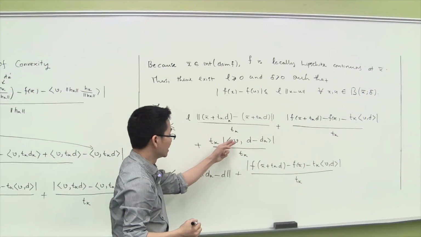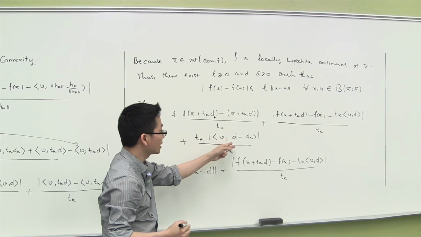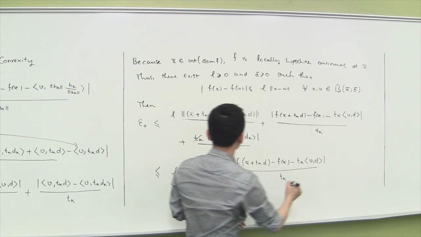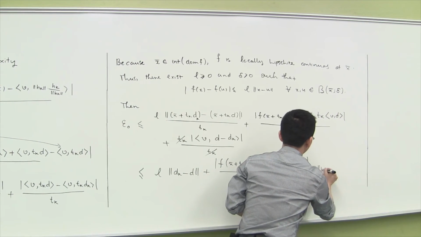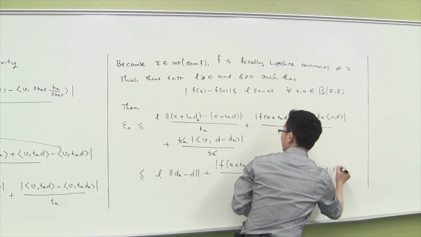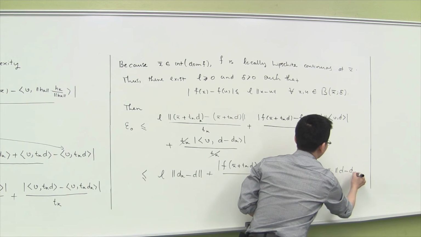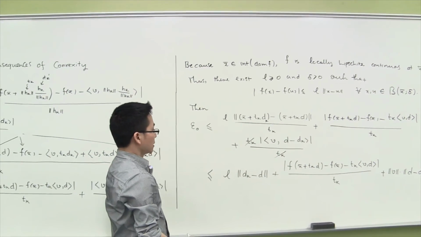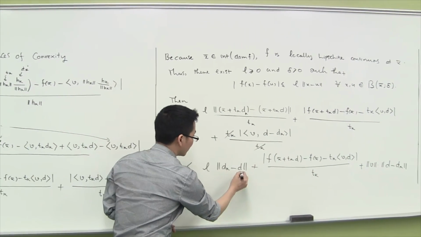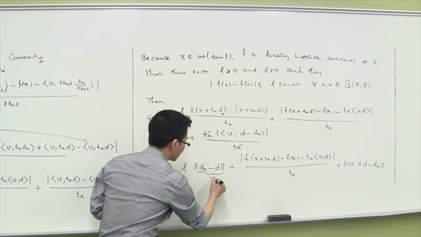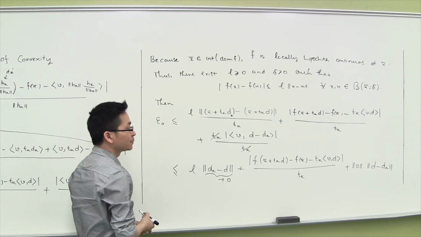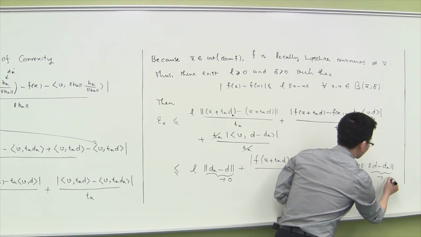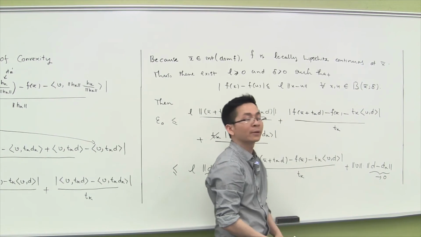Okay, now here we will use the Cauchy-Schwarz inequality after simplifying tk and get norm of v times norm of d minus dk. As we know, dk converges to d, so this converges to 0. And similarly, this converges to 0 as well. Okay.